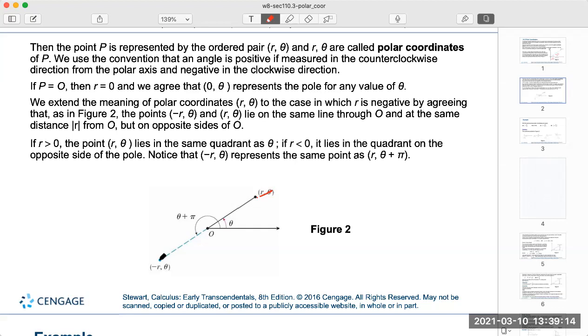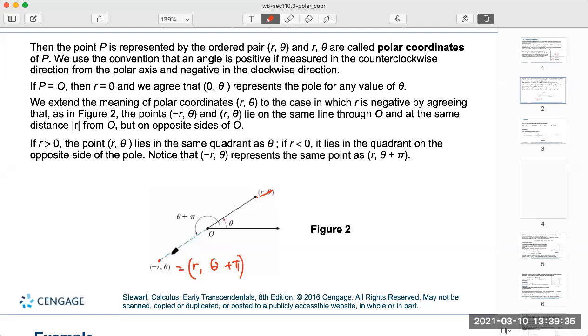Then the coordinate of this point will be negative r, theta, or it is the same as r, and what is the angle from here to here? Yes, right.